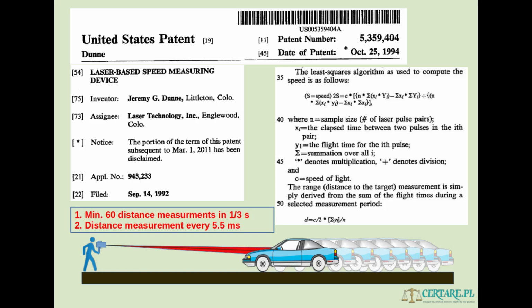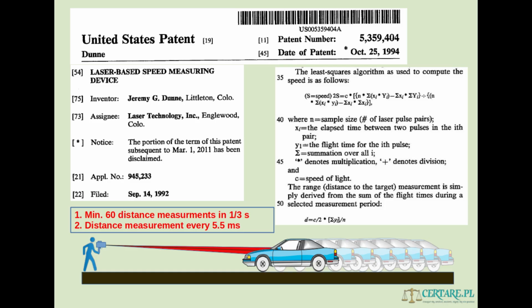So there are about a minimum 60 measurements in 1/3 of a second. That means a separate distance measurement every 5.5 milliseconds. Now that's the minimum.